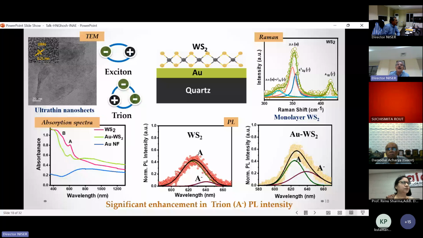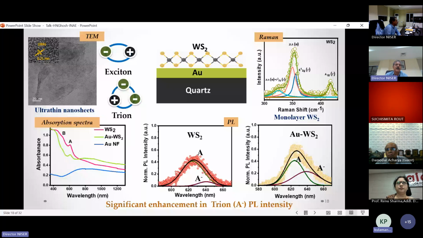This is basically bulk gold, and we synthesized it through E-beam deposition. It is pretty thick compared to nanoparticle, and it's a kind of two-dimensional, also a 2D material, but the thickness is very, very high. So that's why this gold gives a plasmonic peak around 960 nanometer. That's what I have shown.